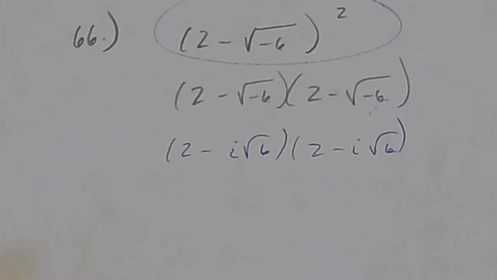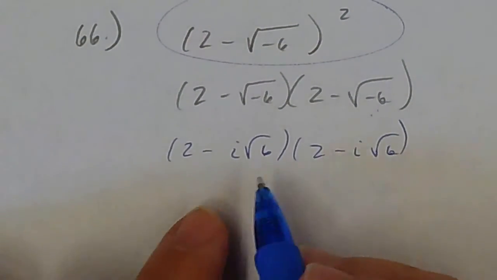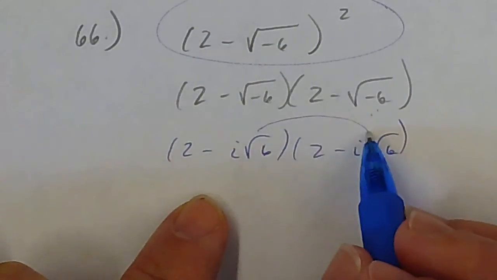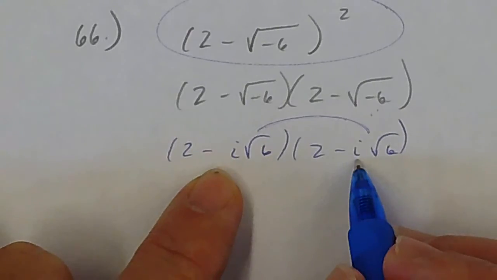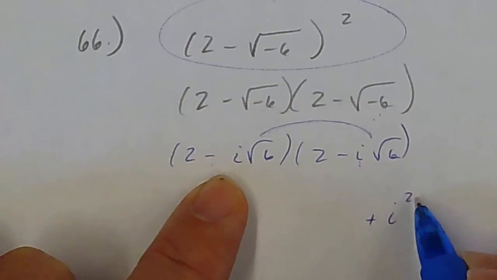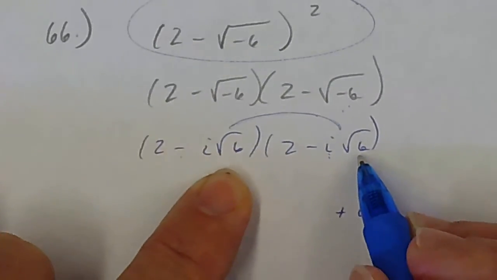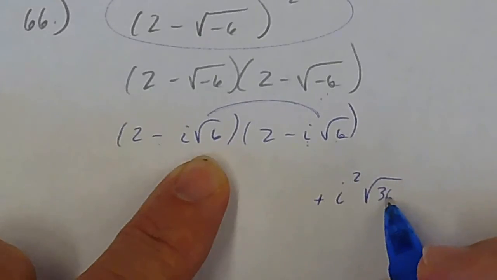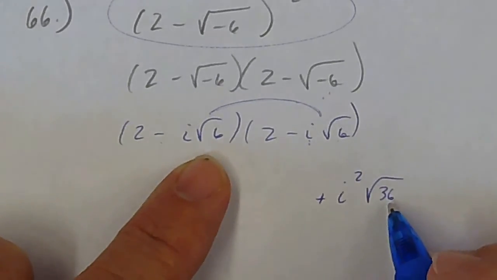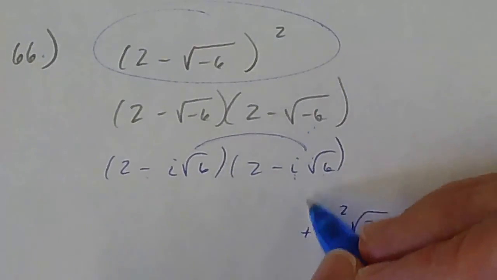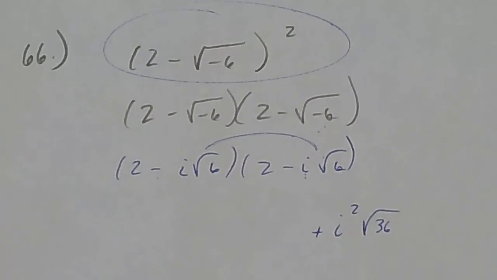I'm just going to show you one more step and then let you finish it. I don't think first, outside and inside would be that big of a deal, but the last one, when I multiply these together, it's negative times negative, so it's positive. I get i squared, and then the square root of 6 times square root of 6 can be multiplied together now that it's positive. So I'll say square root of 36 or just 6. So that's negative 1 times 6, I end up with negative 6. So that's how I get around that. Okay, all right, that's it here for 2.4.